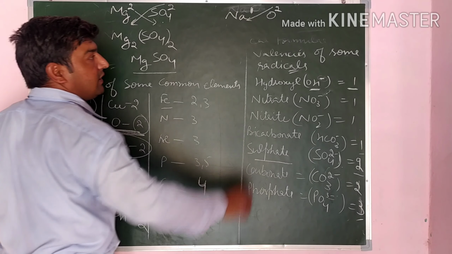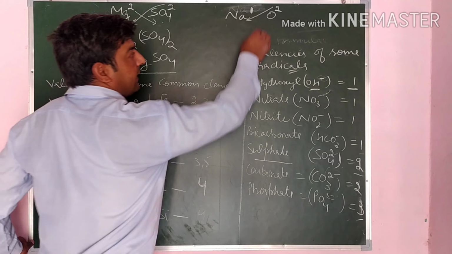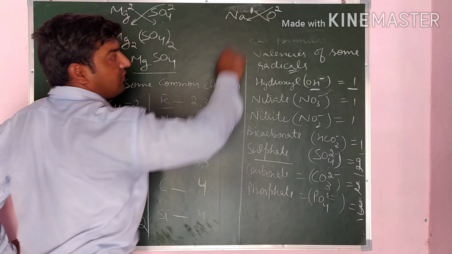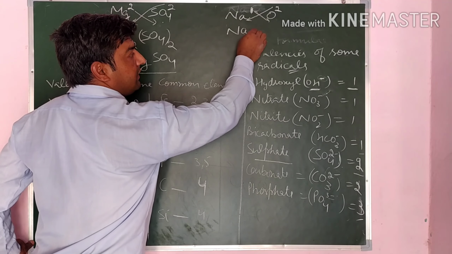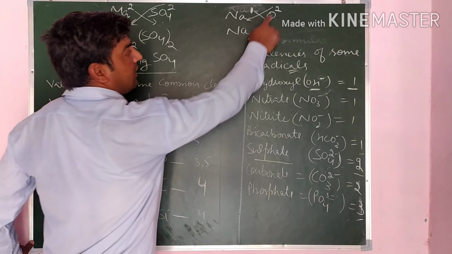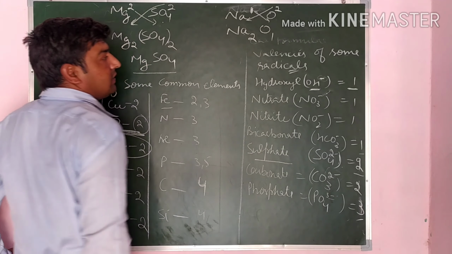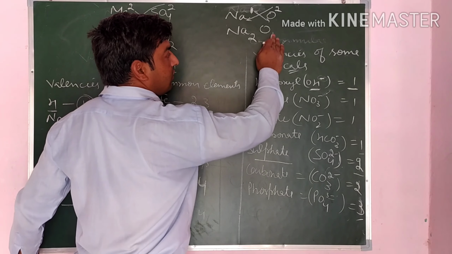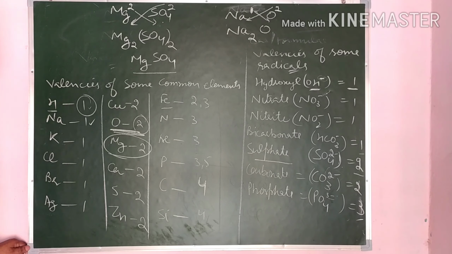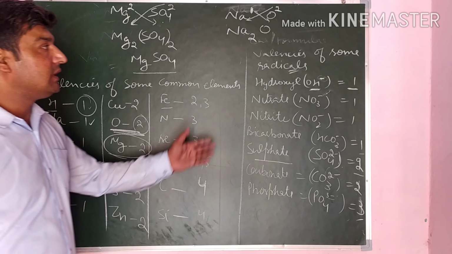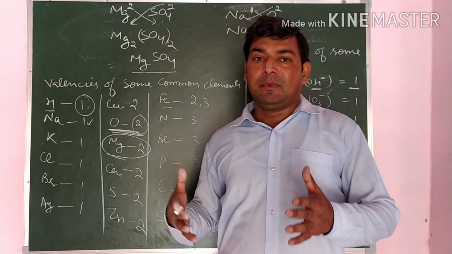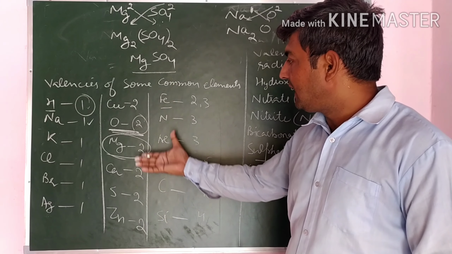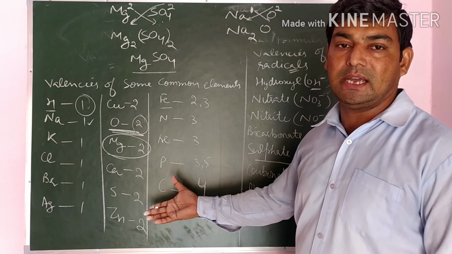The 2 will go in the subscript of sodium and 1 in the subscript of oxygen. So it will become Na2O1. Generally we don't write 1, so it is Na2O, sodium oxide. So this is the method to write a chemical formula using the valencies of the elements.